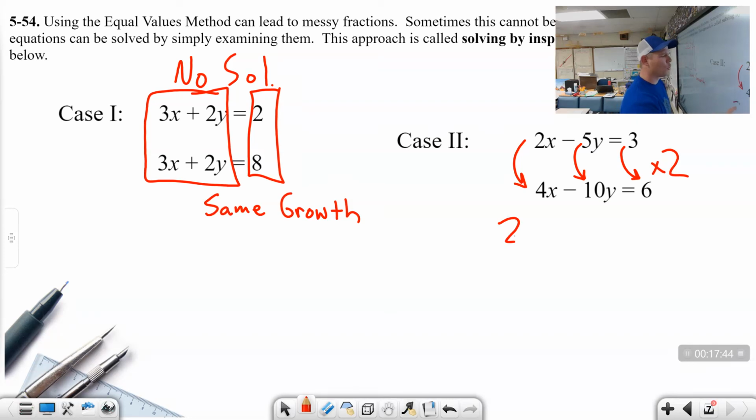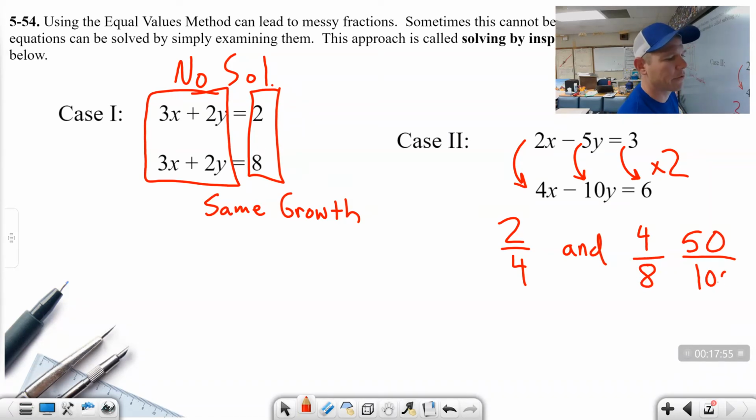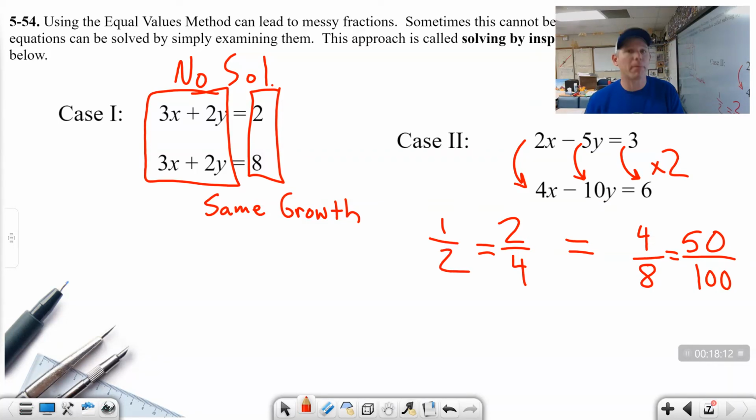Well, it's like asking, when you compare the fraction 2/4 and 4/8, or even 50/100, what do you notice about all of these fractions? They're all different, but they're also all equal. They're all the same. And when you simplify these fractions, they all end up to be 1/2. Different numbers, same value.